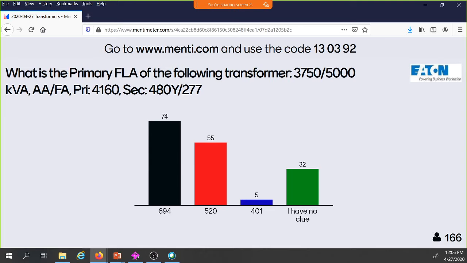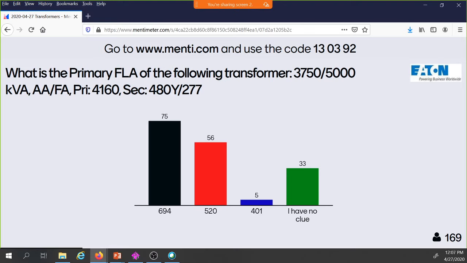Now, many, if not all of these that I've ever seen are constant voltage. Basically your kVA is increased, but your voltages haven't. So you still have the same voltages. You've just been able to pull more power. So 3750, I can get 5,000 when I have the fans added.